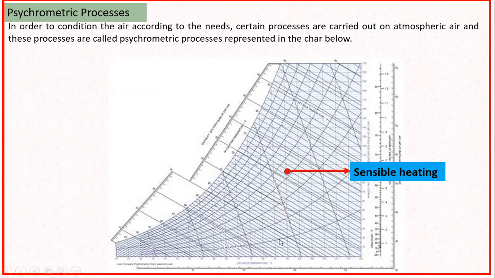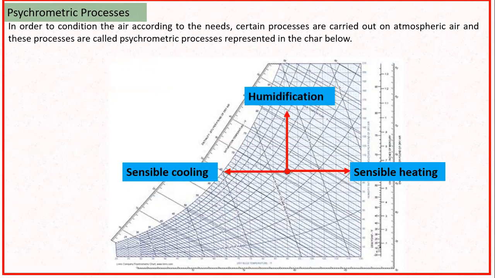In this case only the dry bulb temperature is increased, keeping the humidity constant. The second case is sensible cooling. Sensible cooling means just reducing the dry bulb temperature without changing the moisture level in the air.